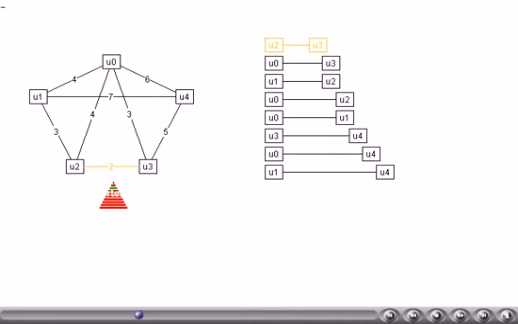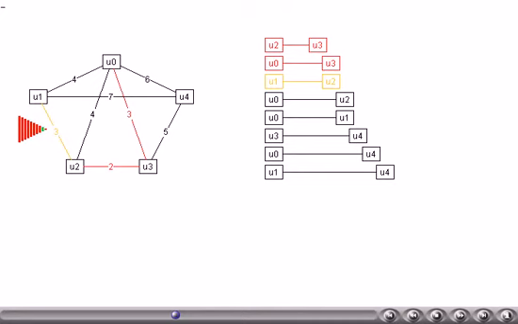The edge U2, U3 is selected. The edge U0, U3 is selected. Its inclusion is not going to give any cycle in the minimum spanning tree, thus it is retained. The edge U1, U2 is also selected.